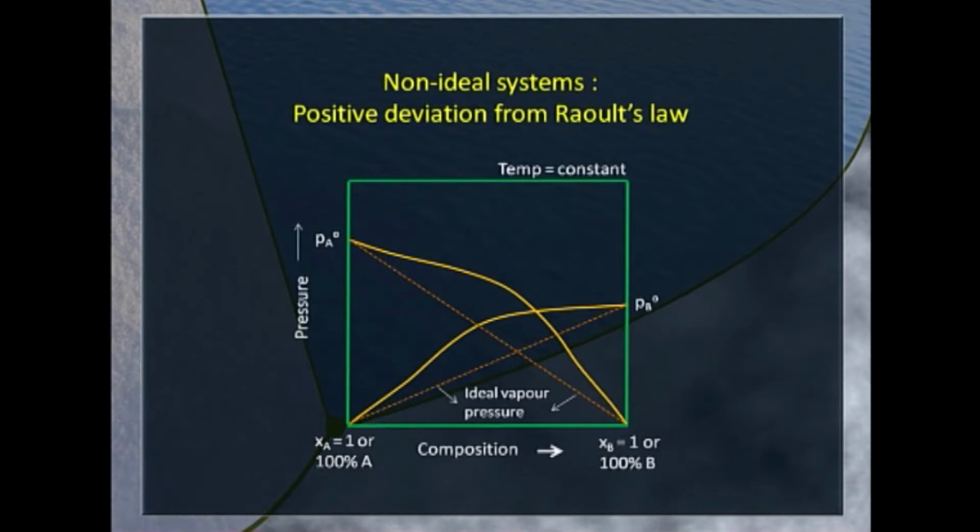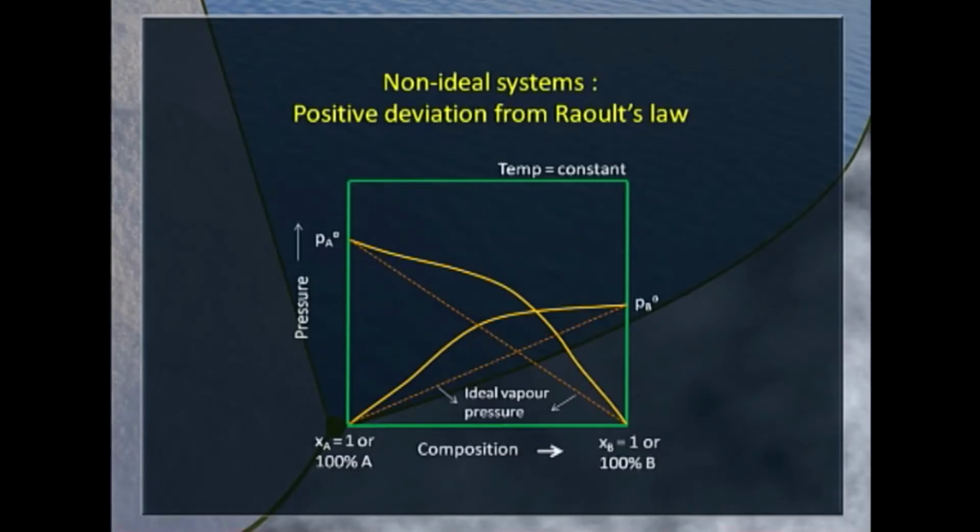Why do both the liquids show higher vapor pressure in the mixture than their ideal pressures? The reason is not difficult to find. It has something to do with the molecular interactions, interaction between molecules of A and interaction between molecules of B and between A and B.